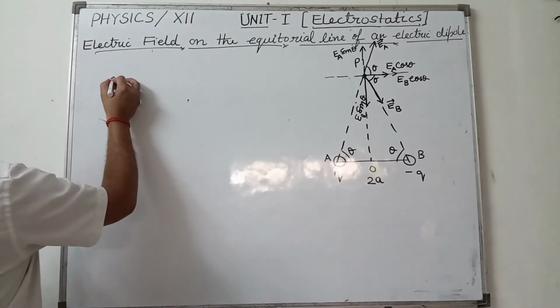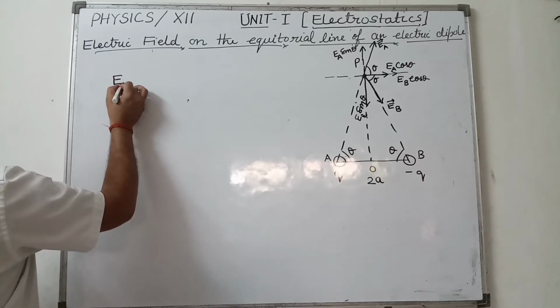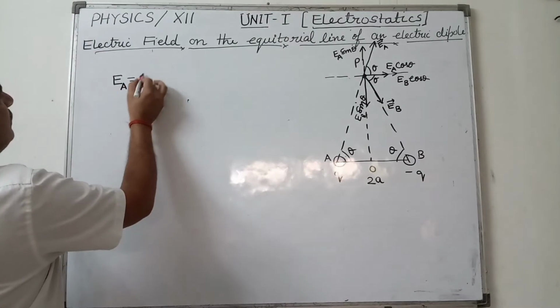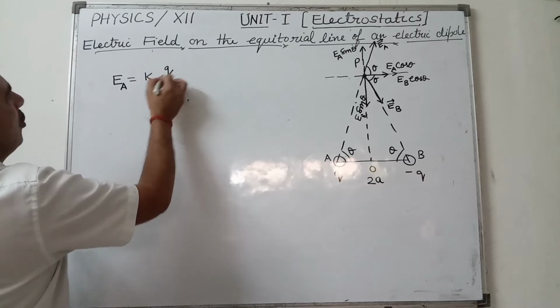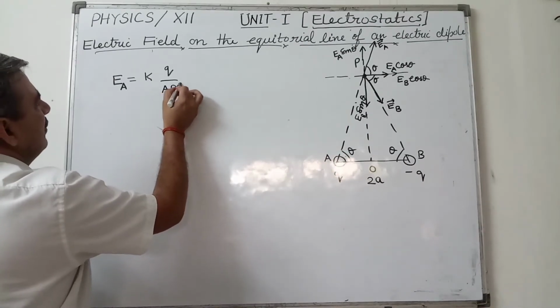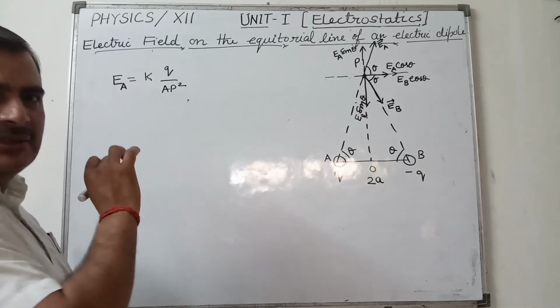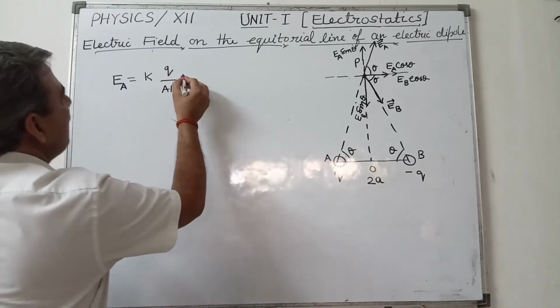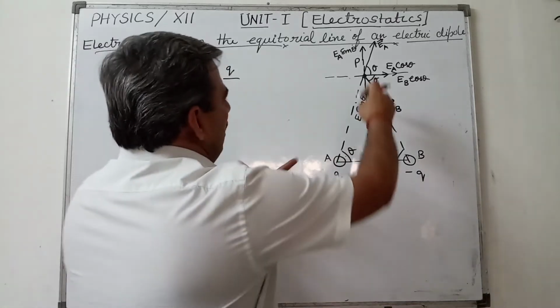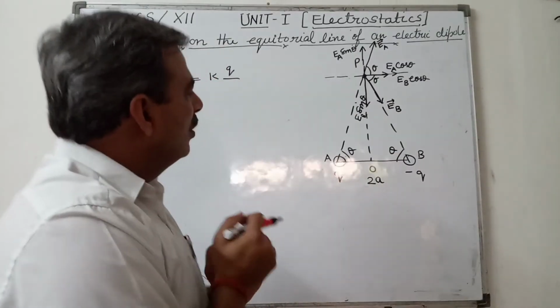So here EA, the field at P due to the charge plus q placed at A, is equal to kq over AP square. I think it is correct. AP you can get from here.